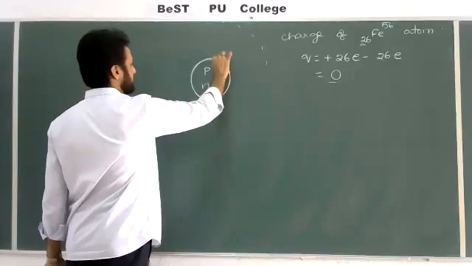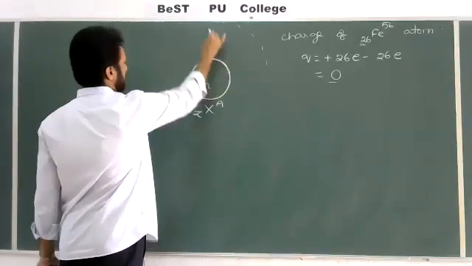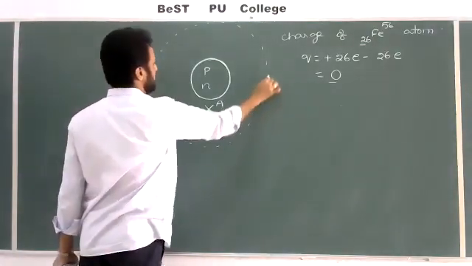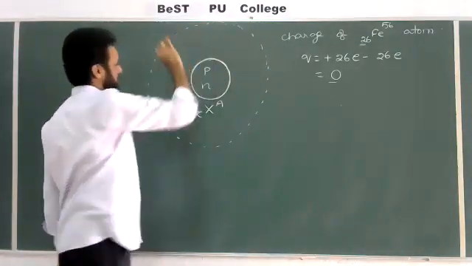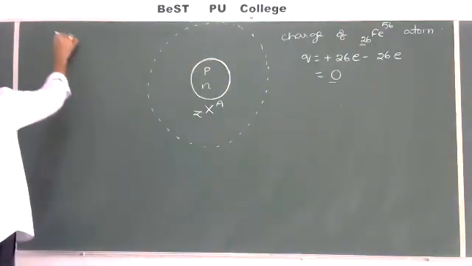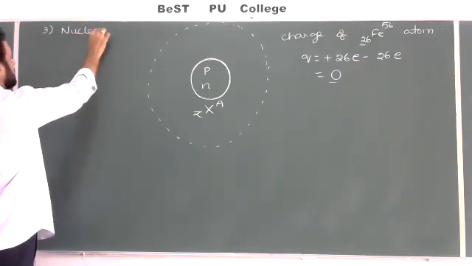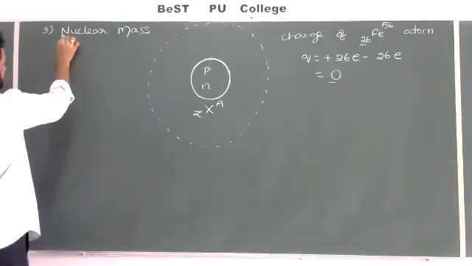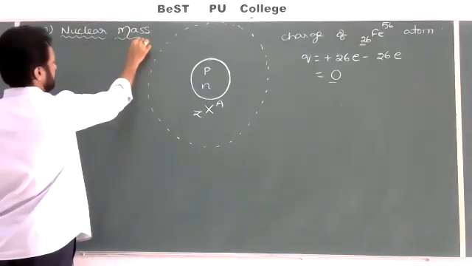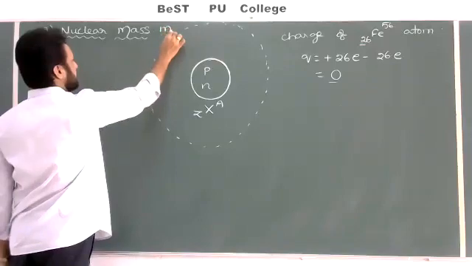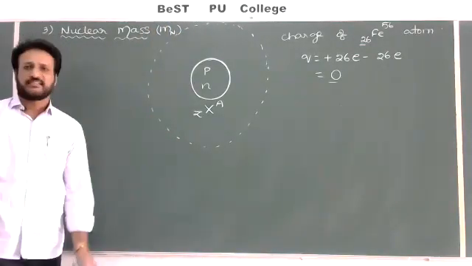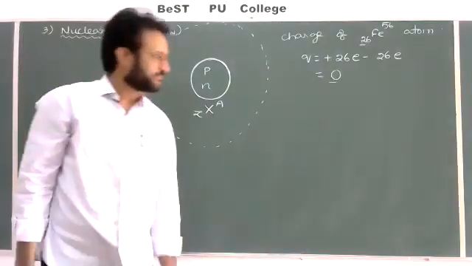It contains protons and also neutrons, and this will be the atom. The dotted portion we can take as the atom, and the central part will be nothing but the nucleus. And the third property you can say is nuclear mass, or mass of the nucleus. I'm writing a suffix Mn. The n indicates nucleus, nuclear mass.